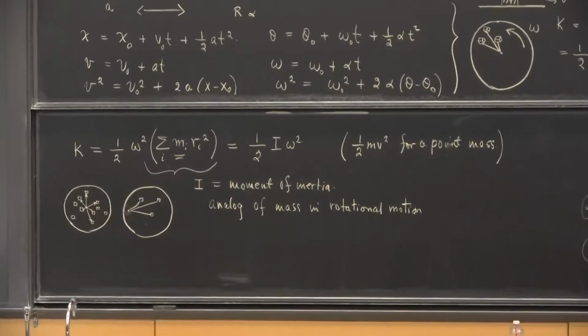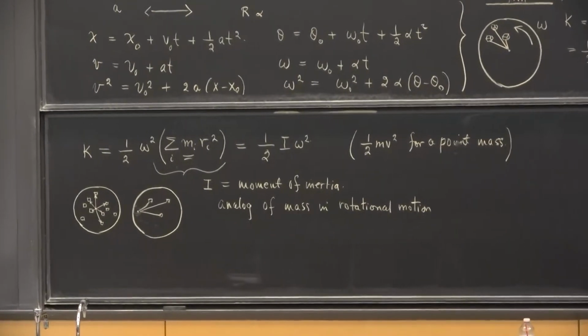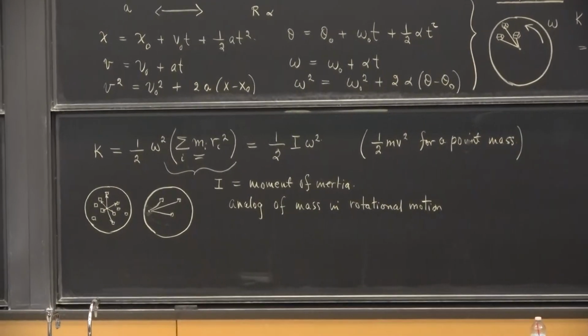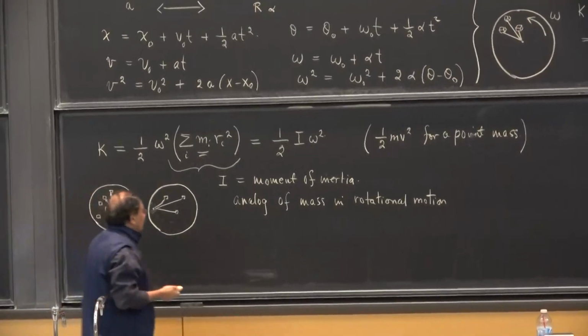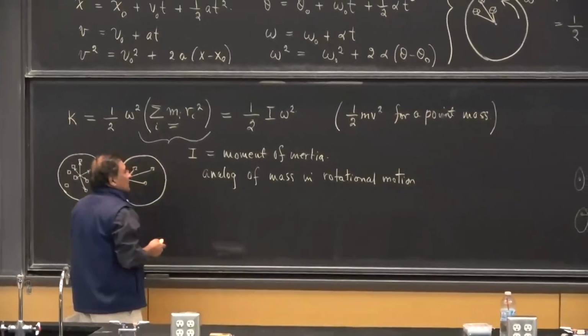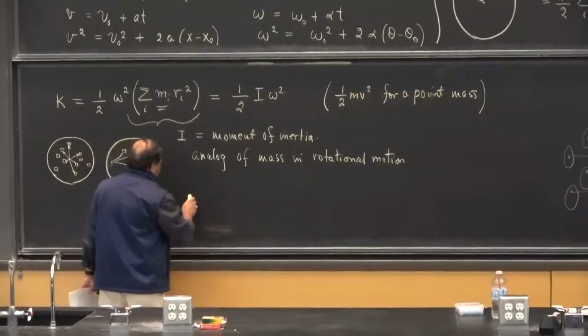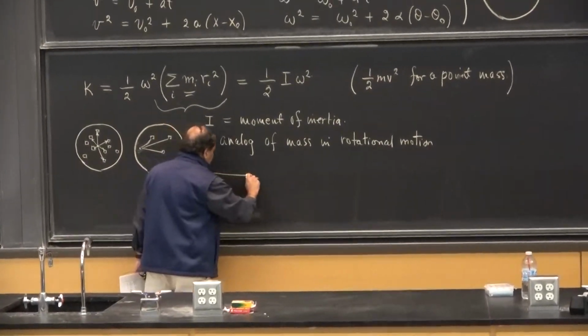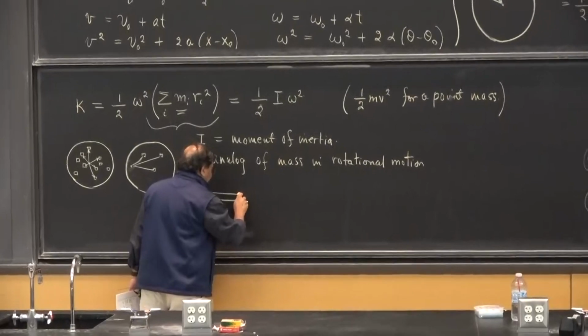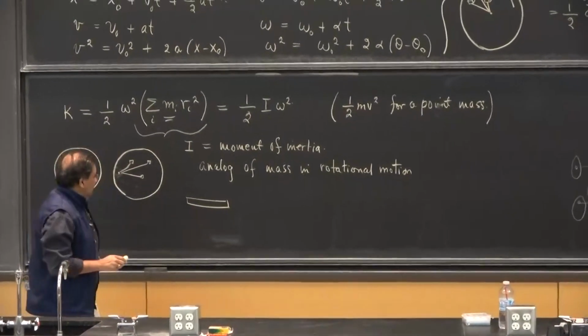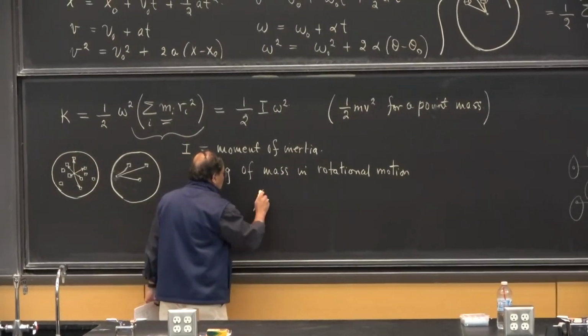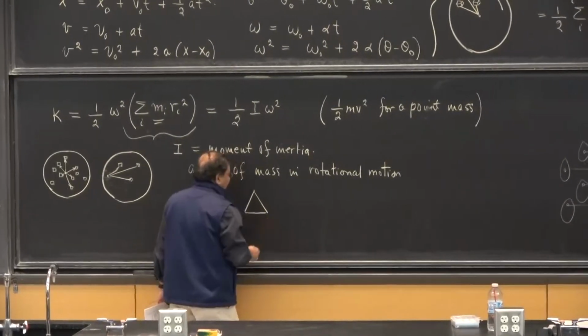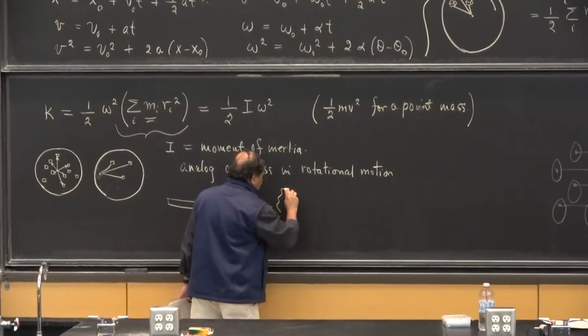So the equation and the ball game changes on you because now you have to worry about this I. What does this I do for us? Like I said, if you have an object, you not only need to worry about the shape of the object. For example, you can have a rod, you can have a triangle, you can have some weird shaped object.